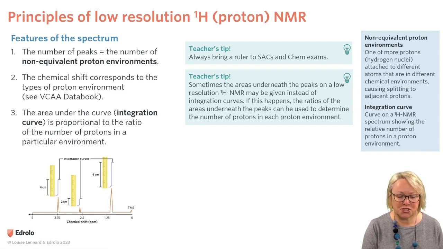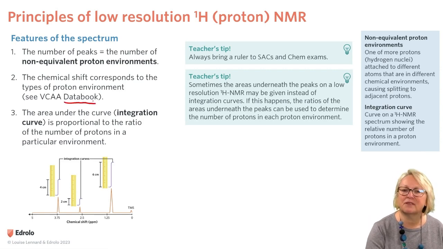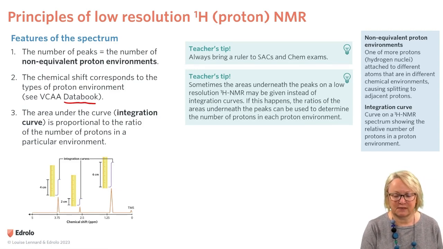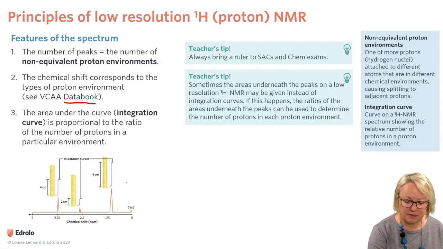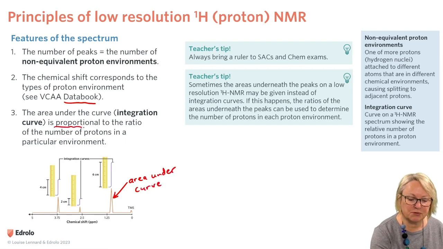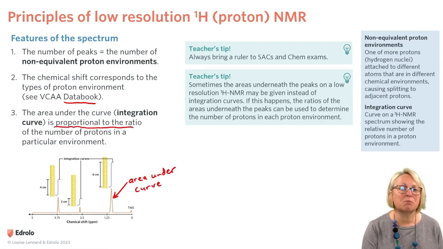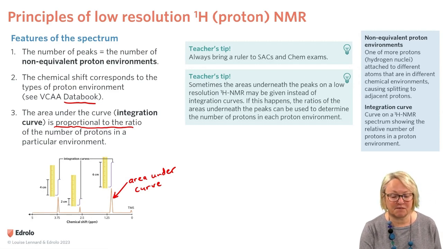The chemical shift values correspond to the type of proton environment, and use the data book for justification of assigning chemical environments. What's important in proton NMR is that the area under the curve is proportional to the ratio of the number of protons in a particular environment.